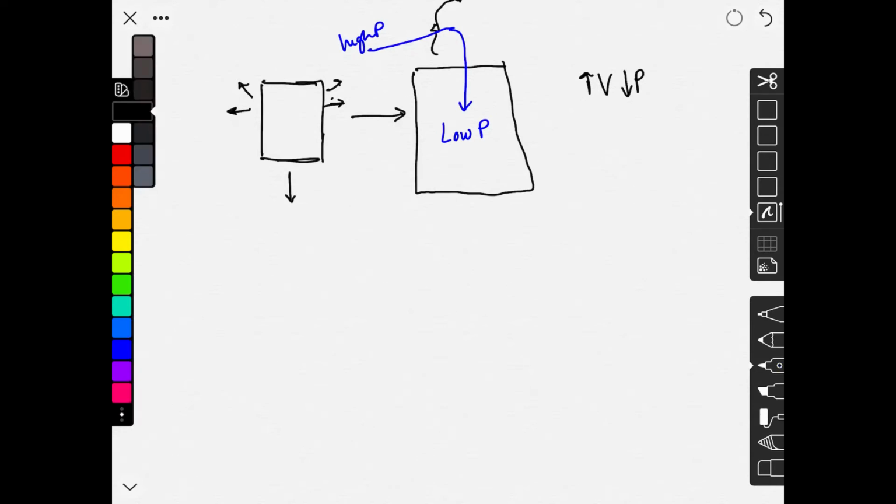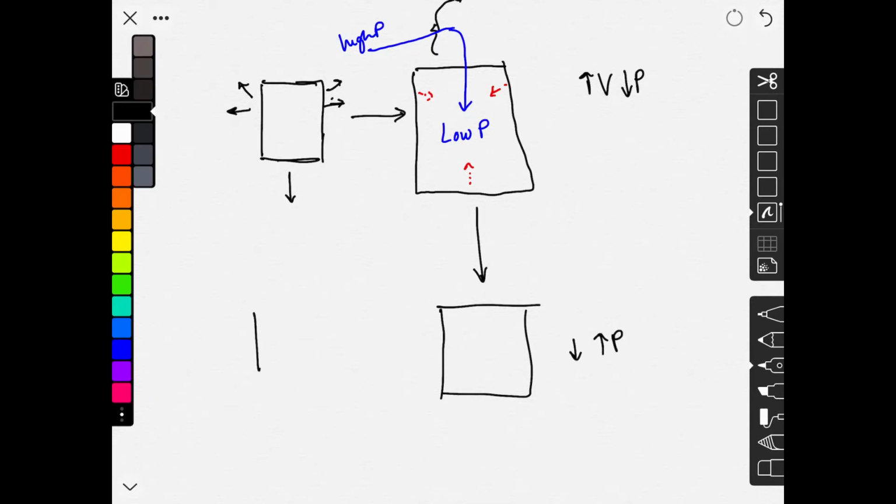So when we think about you breathing out, what's going to happen is your chest is going to go from this larger state. Now that diaphragm is going to relax back to its initial position and your ribs are going to relax. And when that happens, now your chest is going to go back to its original size. Since we have decreased the volume, we've increased the pressure.